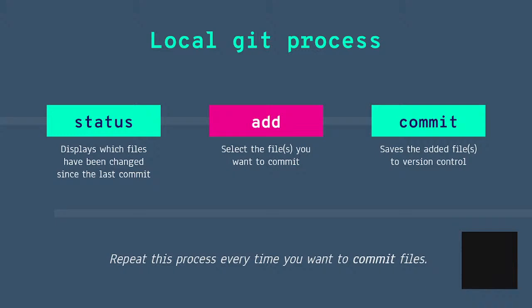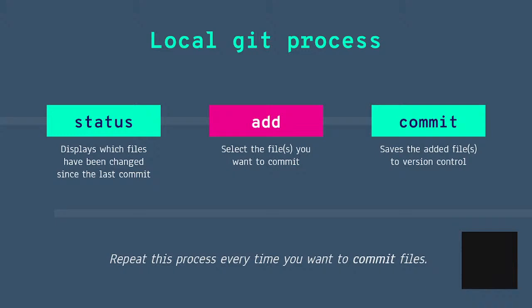Well, a good example of why you might have this. Let's imagine we are working on 10 files and we've edited 3 files, but 2 of them we're still working on and 1 of them is ready to go. What we can do with add is we can say this one file that's ready to go, I'm going to commit that one file. The rest of them I'm going to ignore.